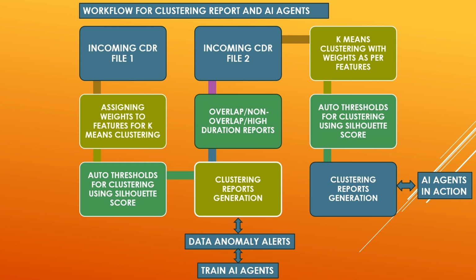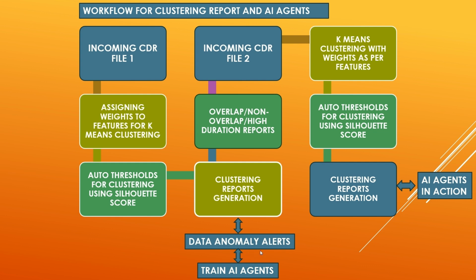So it will group by call duration similarity, and overlap calls I already told you. Before that, you can see the intelligent part here: the same data passed to clustering report generation has also been passed to the condition-based data anomaly alerts.